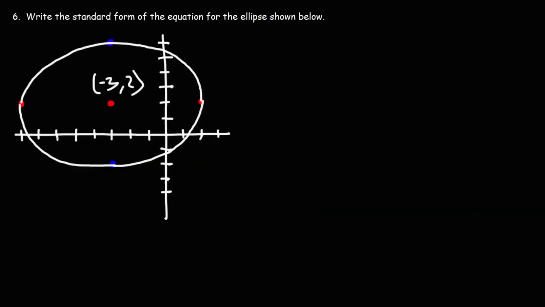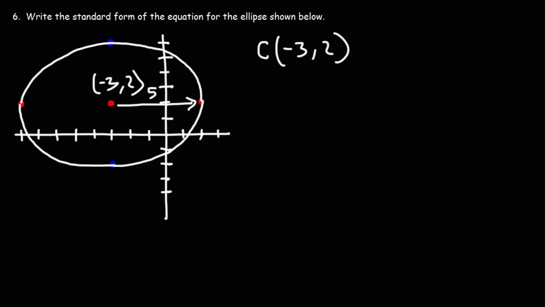Number 6. Write the standard form of the equation for the ellipse shown below. So we're given the center of the ellipse, which is -3, 2. And we could find a and b. So the distance between the center and one of the vertices, we could see it's 1, 2, 3, 4, 5 units.